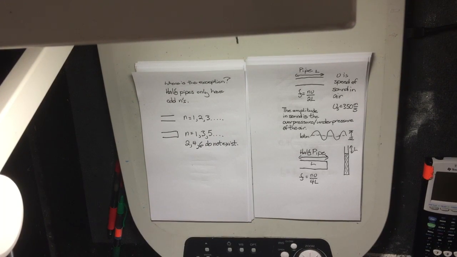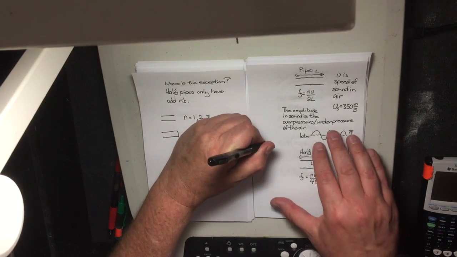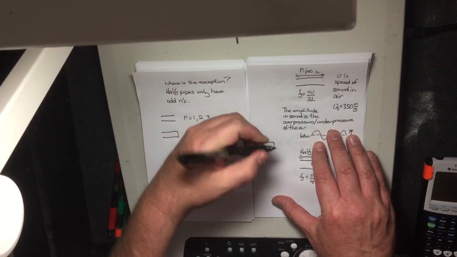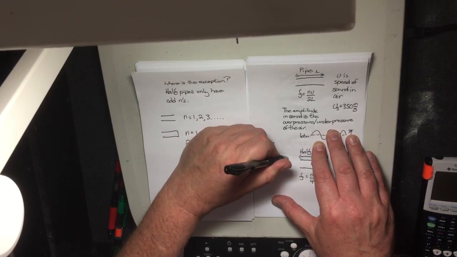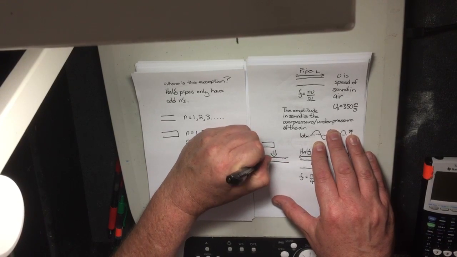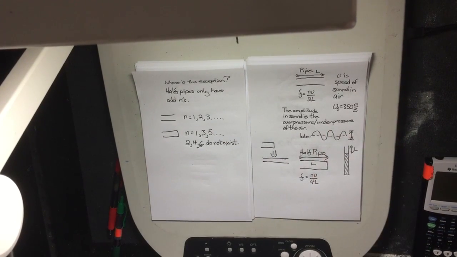We won't go into it. Just a 5-second explanation. You can treat a half pipe as approximately equal to an open pipe of twice the distance. So a half pipe closed in has the same harmonics as a pipe that's twice as long that's open at both ends. And we'll leave it like that.